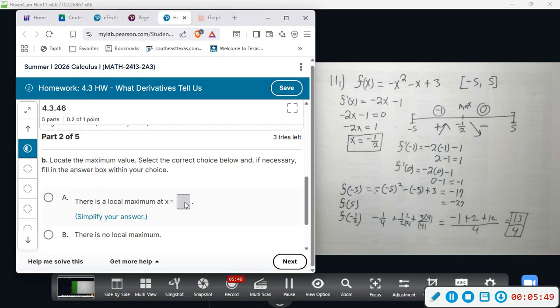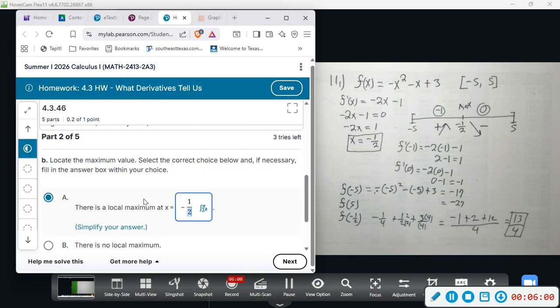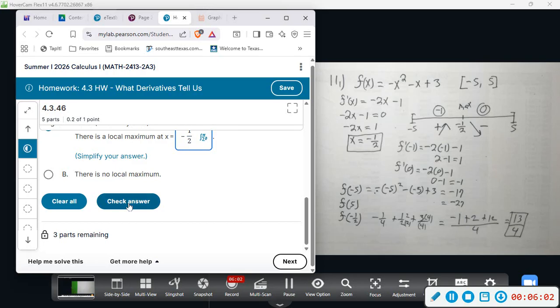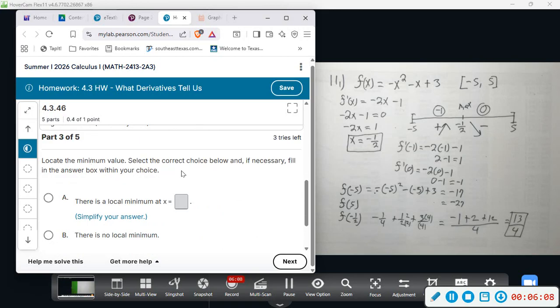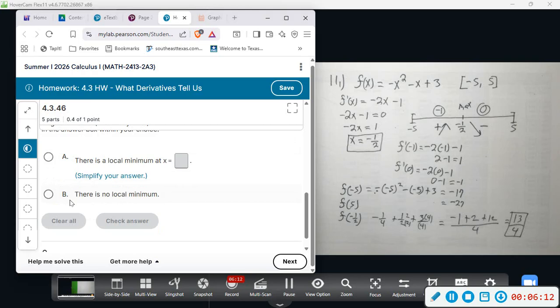There's a maximum at x equals negative 1/2. When x equals negative 1/2, that was a maximum. Okay, locate the minimum value. So there was no local minimum in the interior. So there is no local minimum. I only had a maximum.